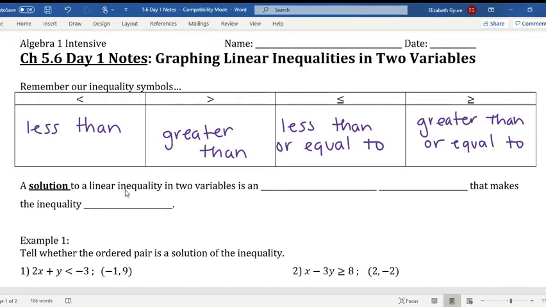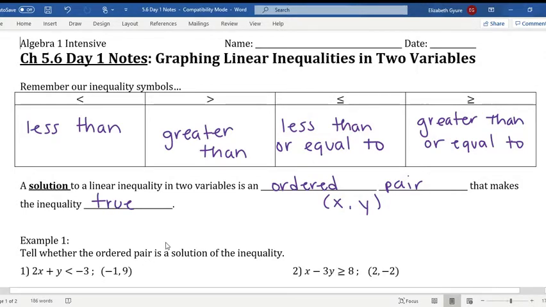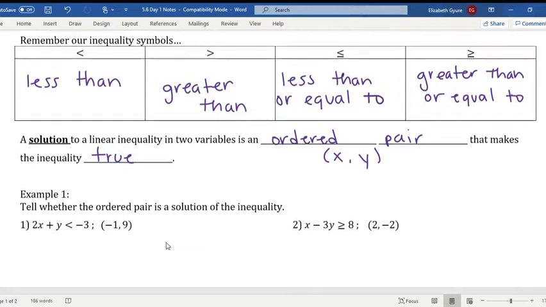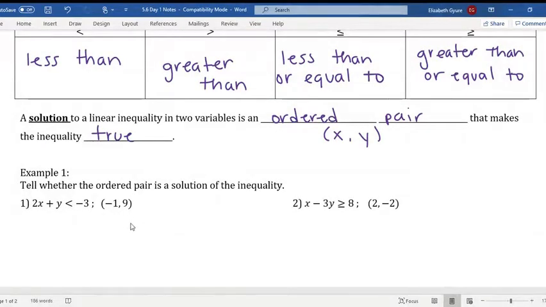A solution to a linear inequality in two variables is an ordered pair, x comma y, that makes the inequality true. So what we're going to do is decide if an ordered pair is a solution to the inequality.